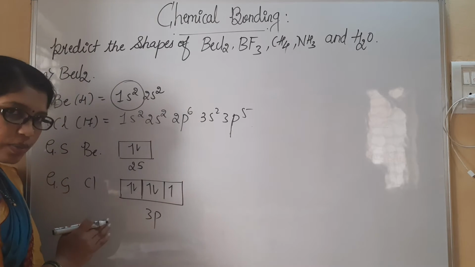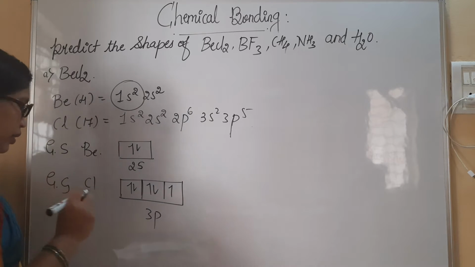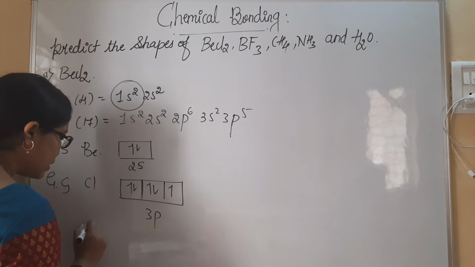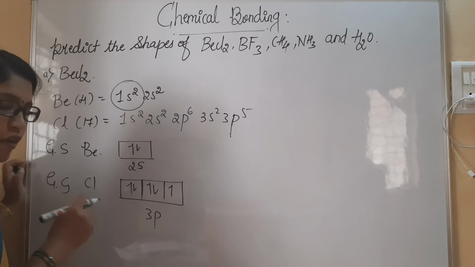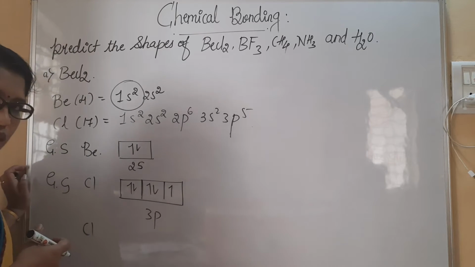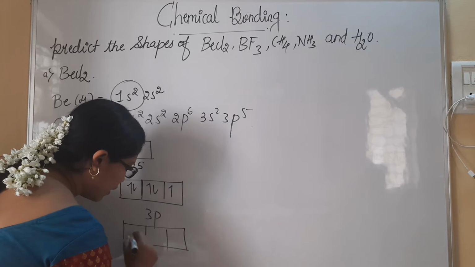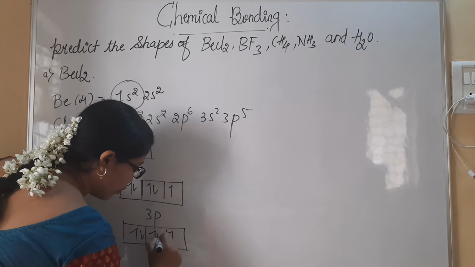such p orbitals. How many Cl are there here? 2 Cl are there. So let me consider the other Cl also. I will write each and every point for this example. For the next examples we will go for the shortcut. So this is again the 3p orbital of the other chlorine atom with 5 electrons.